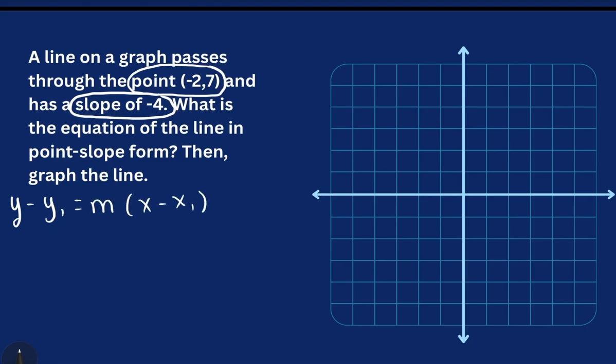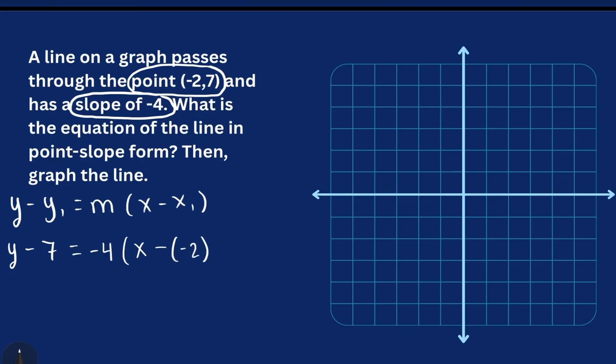Now, y stays the same, minus y1, which is my 7 because 7 is my y value, equals m, my slope is -4, and then in parentheses I'm going to put x minus, and if you remember from our slope video, whenever we had to do minus a negative, we put it inside parentheses.